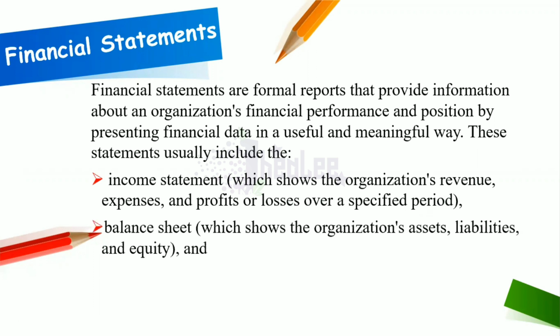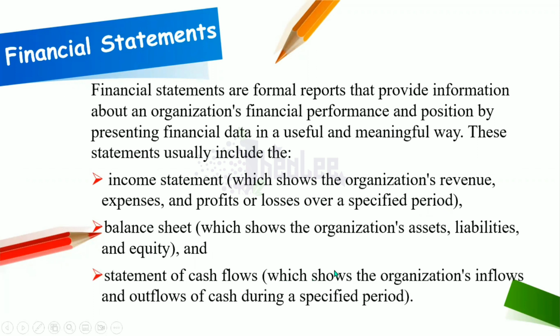Another financial statement is the balance sheet. The balance sheet shows the organization's assets, liabilities, and equity, basically assets, liabilities, and capital. And we also have the statement of cash flows. This shows the organization's inflows and outflows of cash and cash equivalents during a specified period.